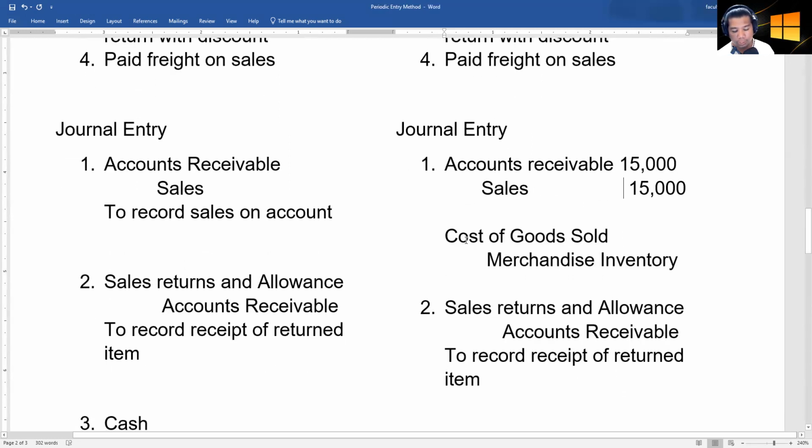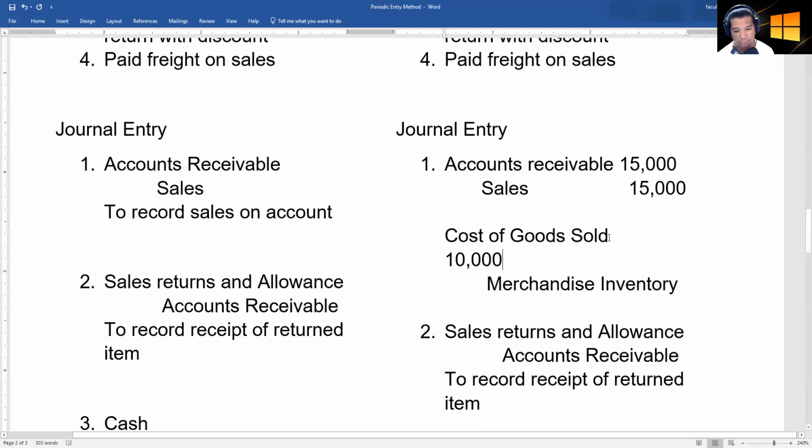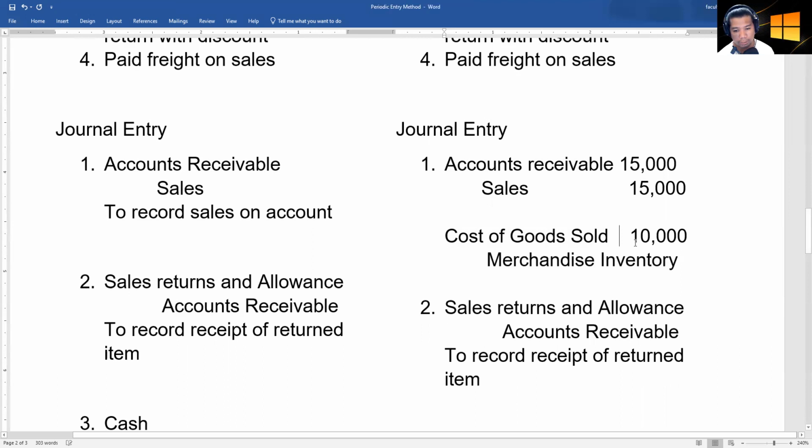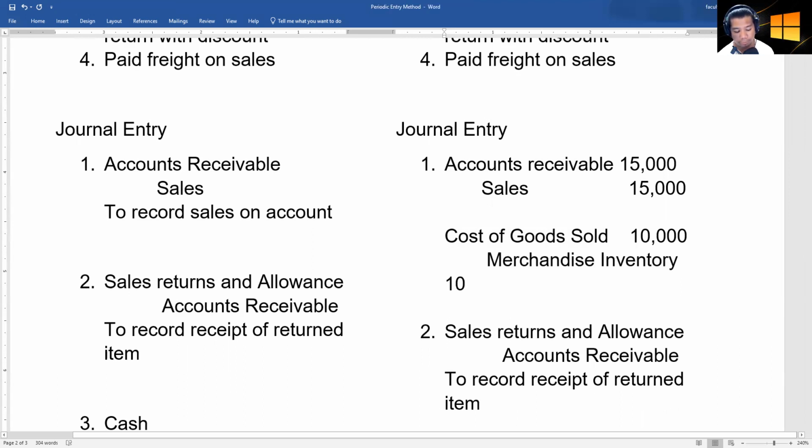Then, what about the cost of goods sold? So remember, based on my example a while ago, if you purchased your product worth 10,000 pesos and you sold it to a customer amounting to 15,000, ganito po ang magre-reflect dyan. Gagawin mo po itong 10,000 pesos, and also ito 10,000 pesos.